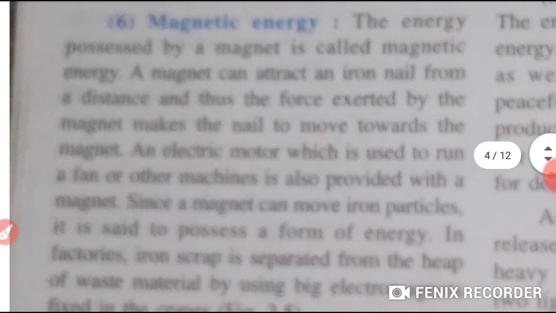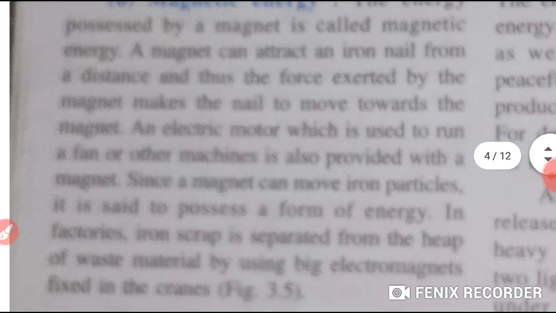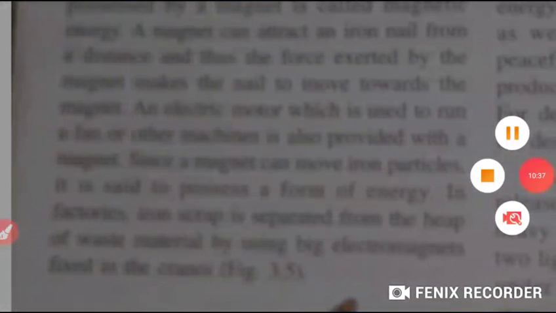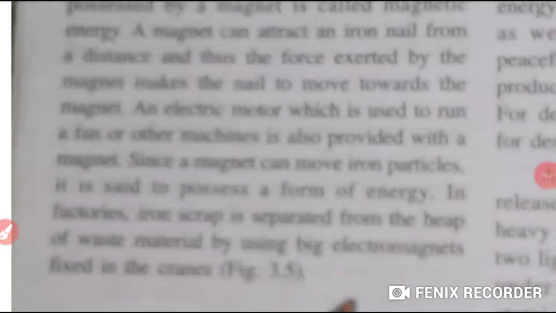An electric motor, which is used to run a fan or other machine, provides what? Magnet. Since a magnet can move iron particles, it possesses a form of energy. In factories, iron scrap is separated from the heap of waste material by using what? Big electromagnets which are fixed in cranes.